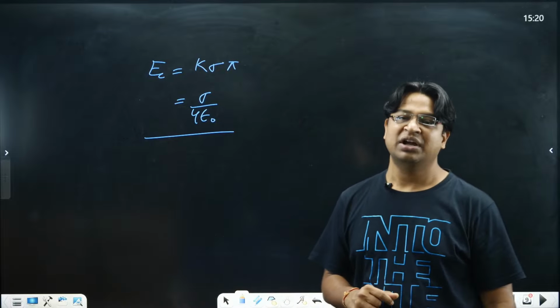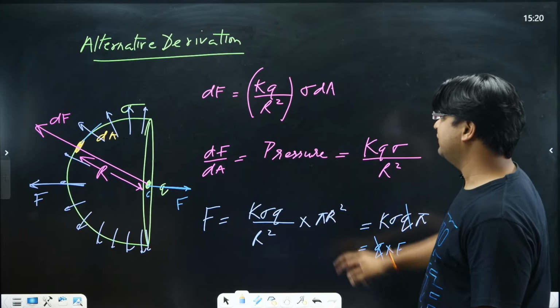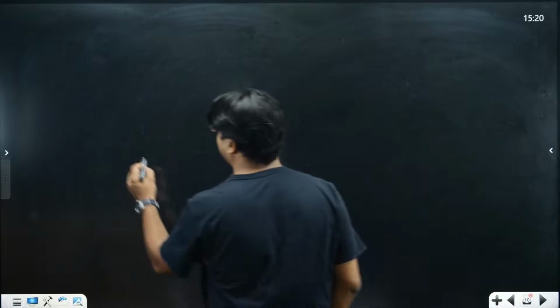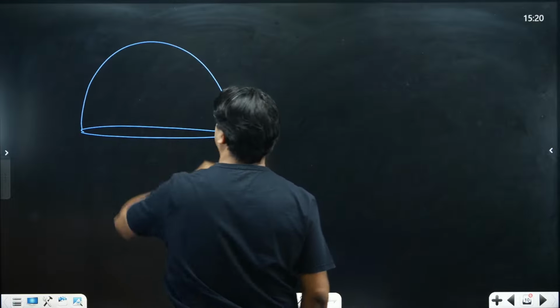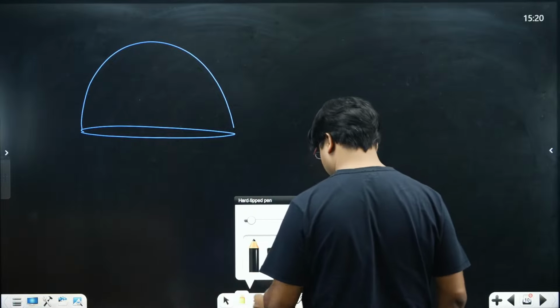Now remember this result, a very useful result. Based on what we have done here, we can actually derive another version of this formula. Let us consider a situation in which, instead of the entire hemisphere, we were given only a part of it.